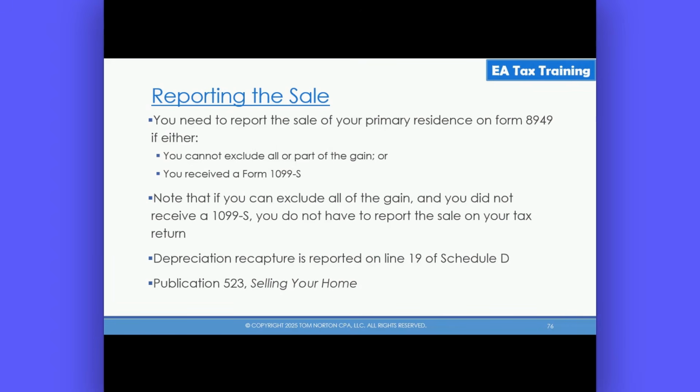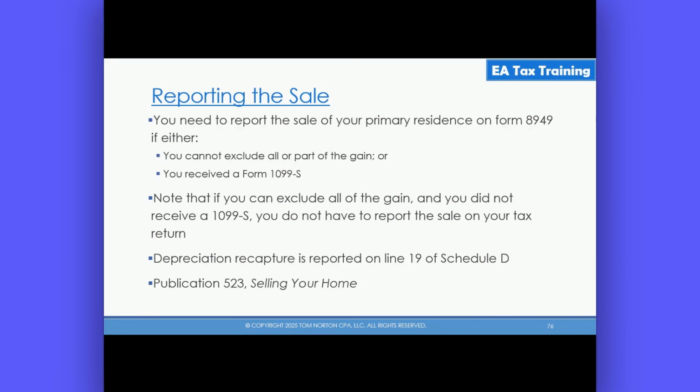So if the title company has reason to believe that this is not your primary residence, then they will issue you a 1099-S that will say, here are the proceeds you got from selling that residence. If they have reason to believe that it is your primary residence, they are likely to not issue you a 1099-S.